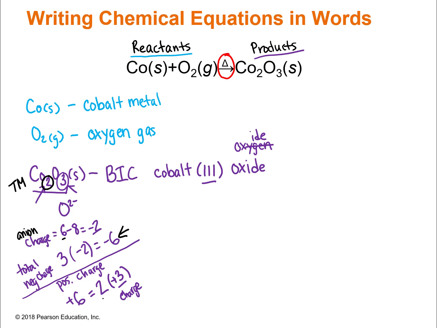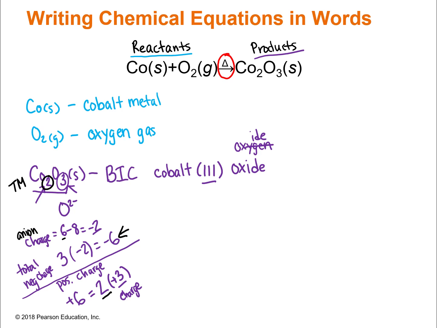That means that whatever charge the cobalt ion has, we have to multiply by 2 to get the total positive charge. Just like we had 3 oxide ions and we multiplied by their charge, which is -2.